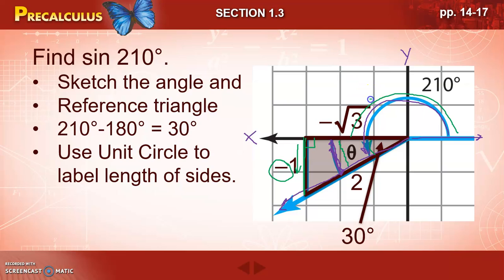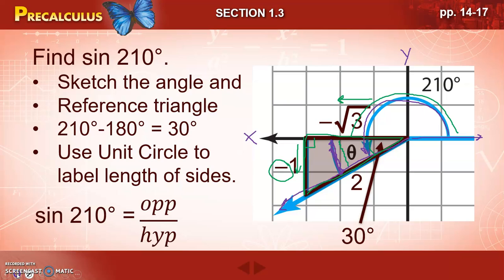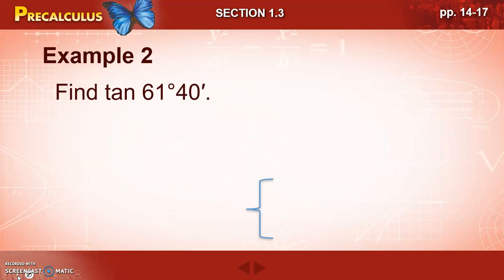And the reason that this is negative root 3 is because our x values are negative. And then we have a 2 for our hypotenuse. Now, this is not negative. This is describing our slope here, and our slope is positive. So, based on that information, the sine of 210 degrees, opposite over hypotenuse, using our trig ratios that we know, gives us -1 over 2, or -1/2.